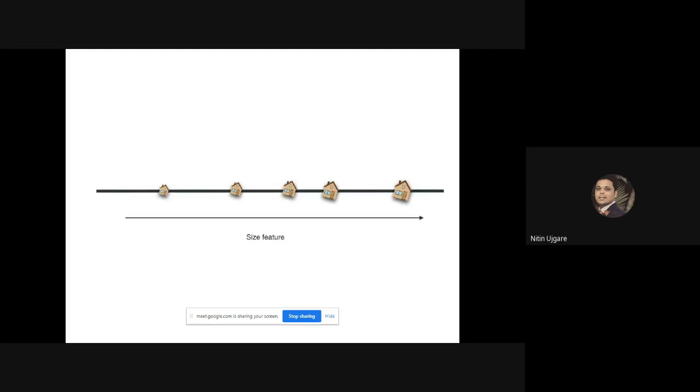Size is the only feature that we have successfully selected out of the first 2 columns. So that means we have transformed 2 features to 1 feature. What we have done is transform the 5 instances from a 2-dimensional plane to a 1-dimensional plane.